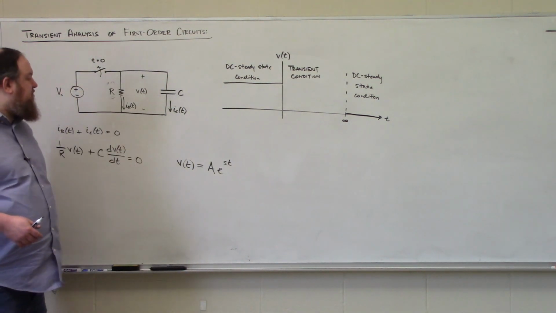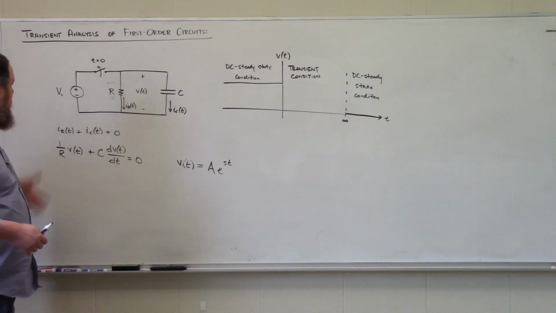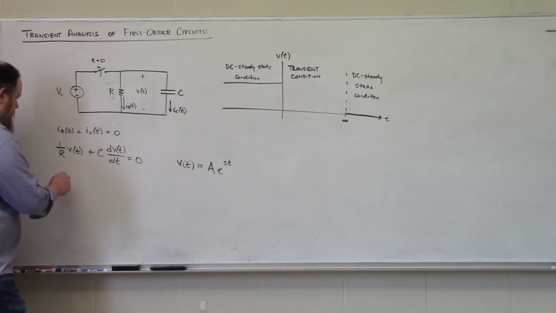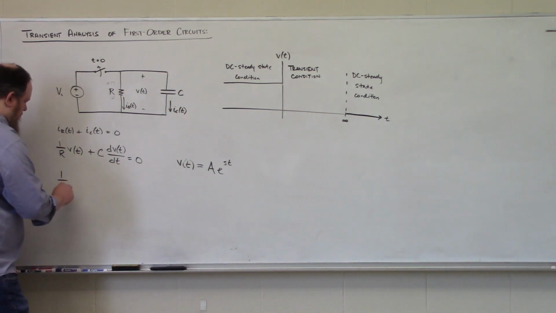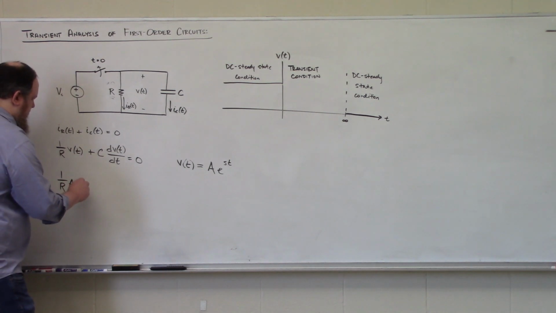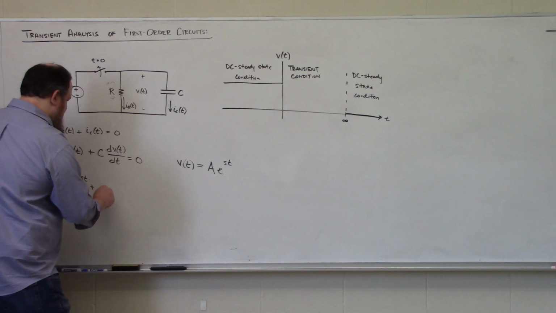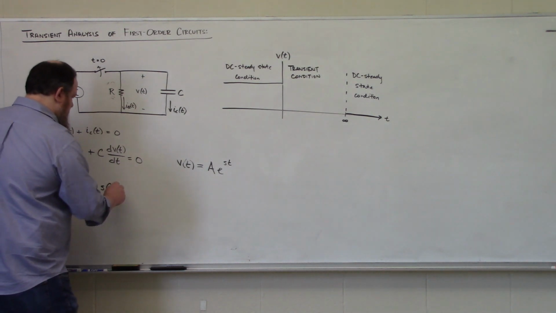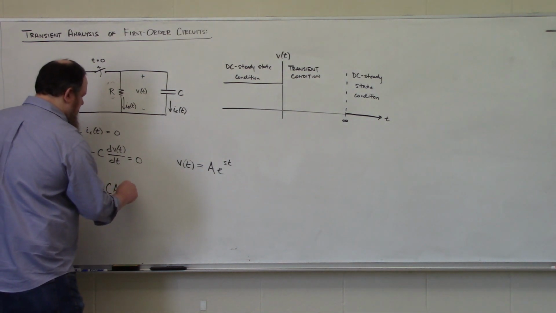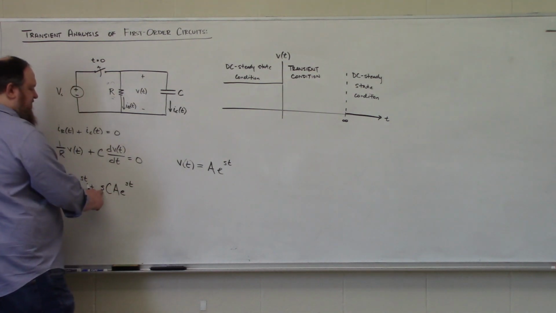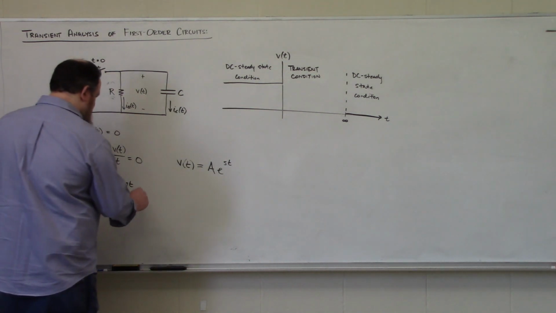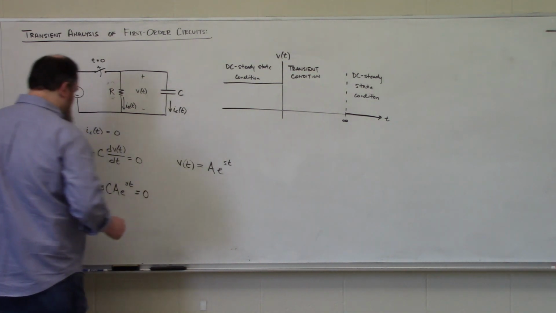If we substitute this relationship, our guess value, in, we get 1 over R, A e to the st, plus s times C A e to the st, where this s comes from taking the derivative of my exponential function, is equal to 0.